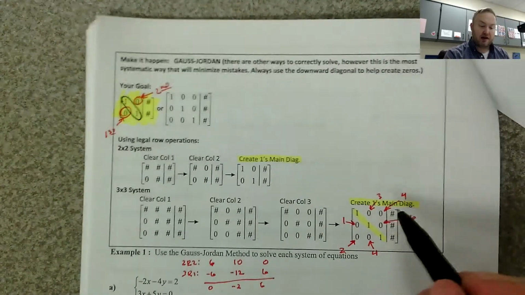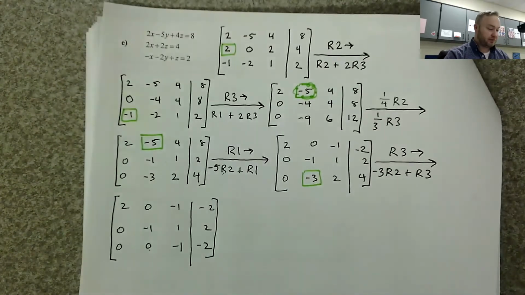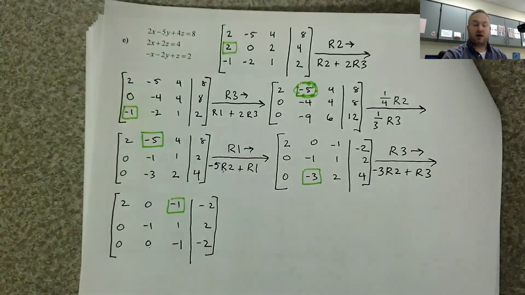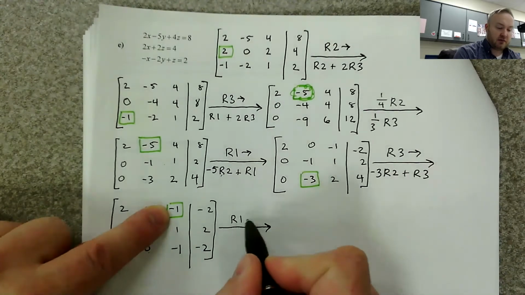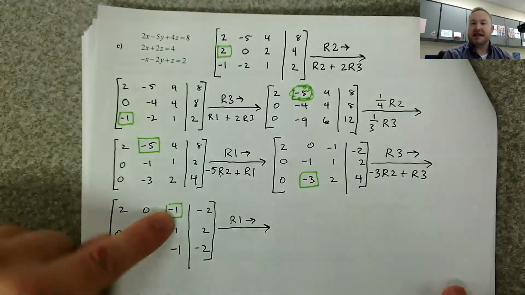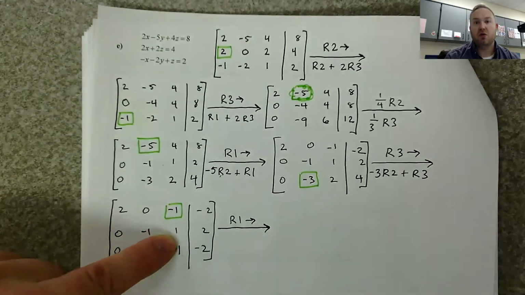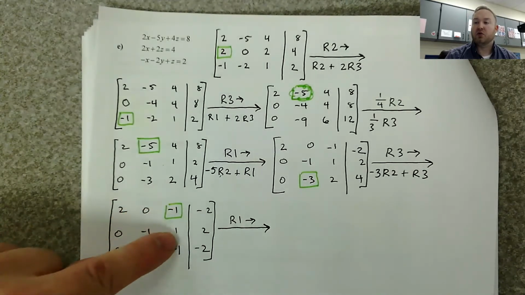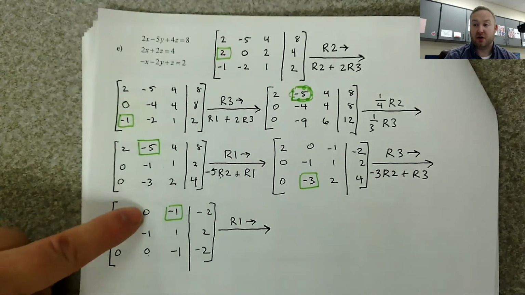Our next one is the 0 at the top of the third column. So that's going to be this guy right here. This is going to be an easier one. So the number we're changing is in row 1. We're going to change row 1. There's a -1 there. You see how there's a +1 right below it? That's so tempting, guys, to add row 1 and row 2, but look what's going to happen. You would lose this 0 here.